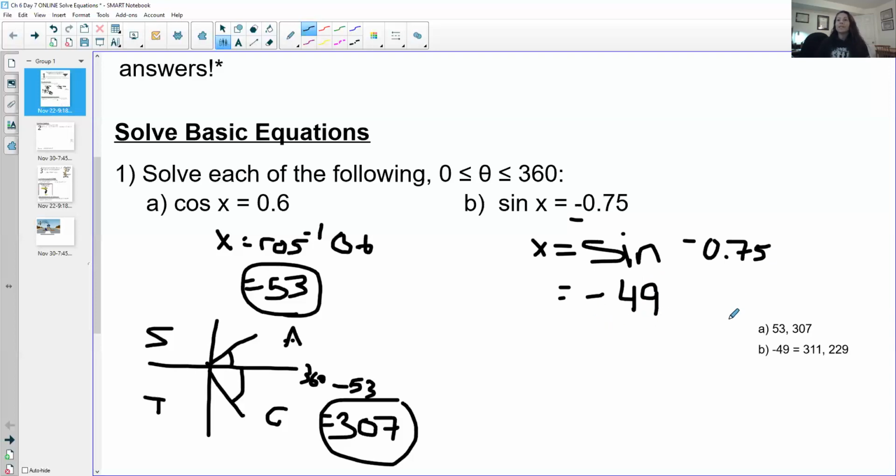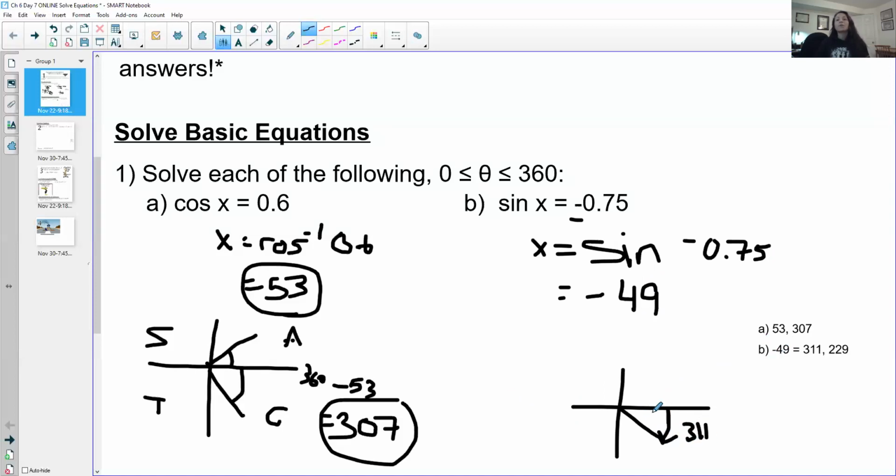Negative 49 degrees, if you think about your Cartesian plane, would be down here. That's an equivalent, because we start at 360 but go in a negative direction. So that's actually 311 degrees, because 360 minus the 49 puts me at 311.